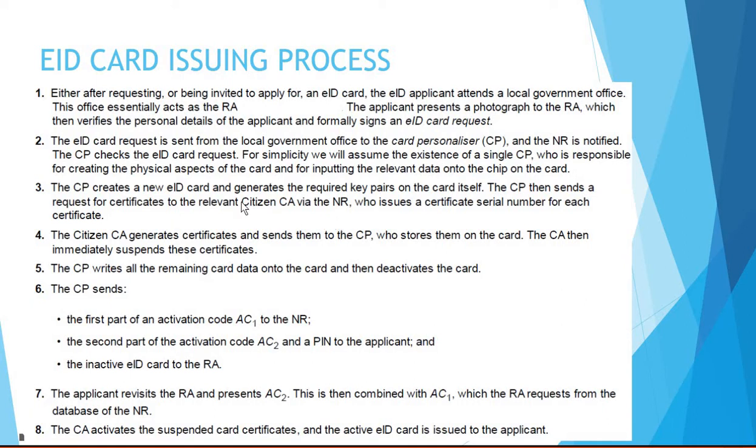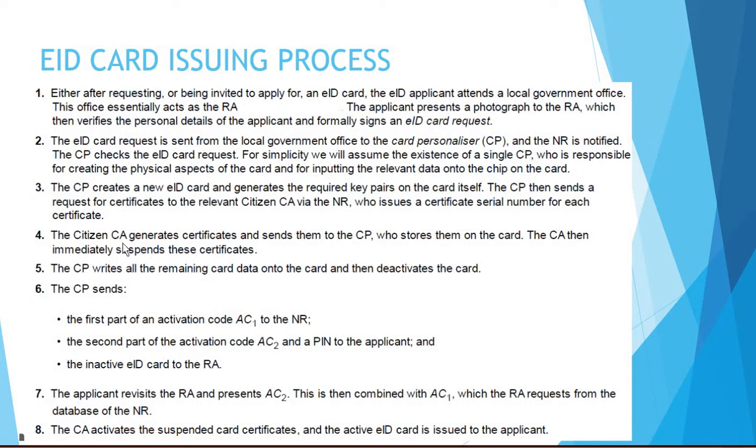And whatever is written there, the certification serial number, using that only the certificates will be authorized. Whether it is between the national register and the card personalizer, or between the other hierarchy we have discussed in the previous class.